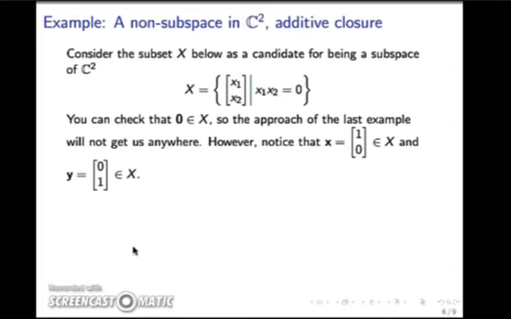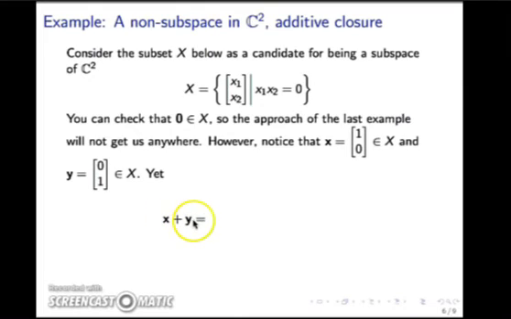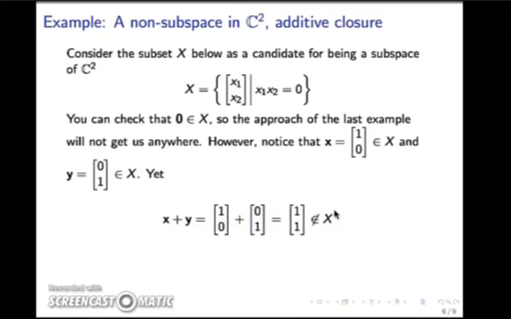Suppose we select two specific vectors in X, and these vectors are x and y. Here, x with entries 1, 0, and y with entries 0, 1. Now let's check the sum x plus y. This x plus y is a new vector with entries 1, 1.